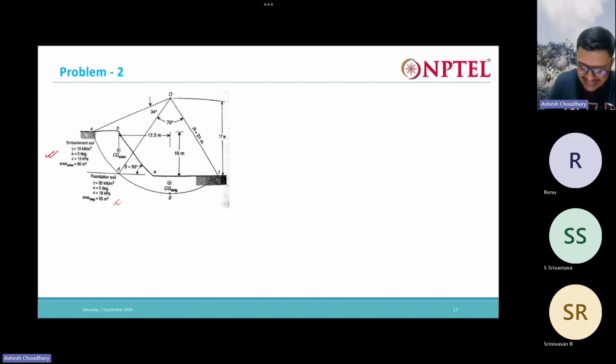So what is the weight of ABED? That weight let us first calculate. The weight of this part is what? 19, that is the unit weight, times the area. Area is given, 60.